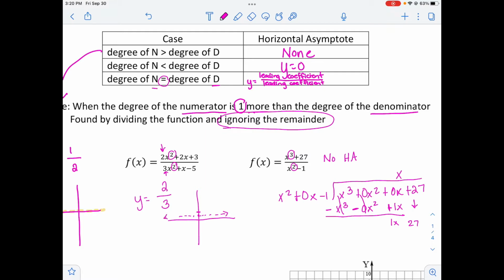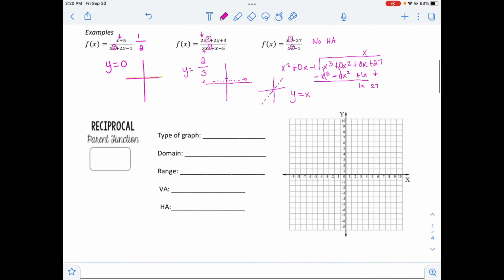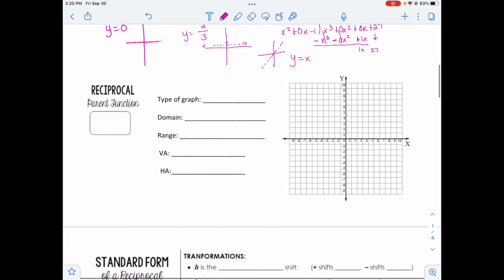This one is just going to be y equals x because the remainder is ignored. So then I know that my slant would actually be right through where y equals x, which is usually our reflection line.